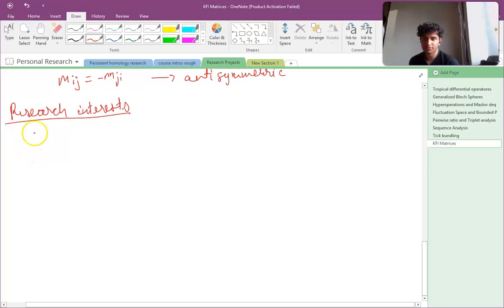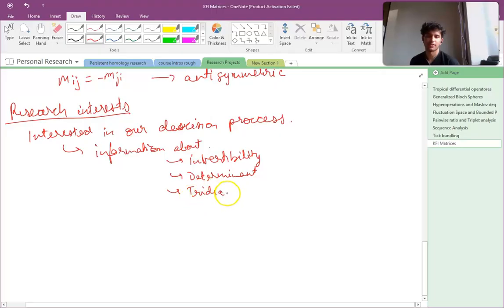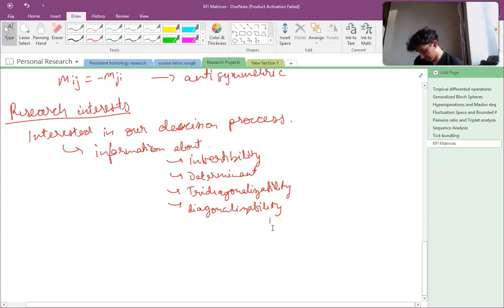We are interested in our decision-making process, and for our decision process, we require information about either the invertibility of our matrix, the determinant, right, what else?